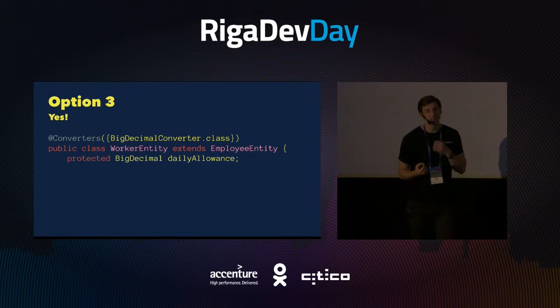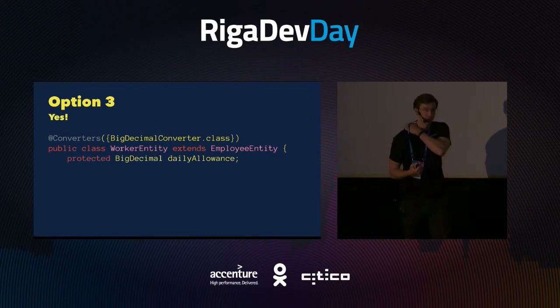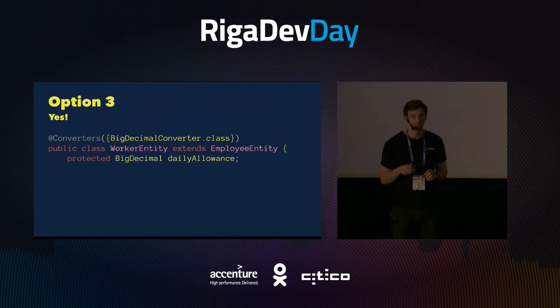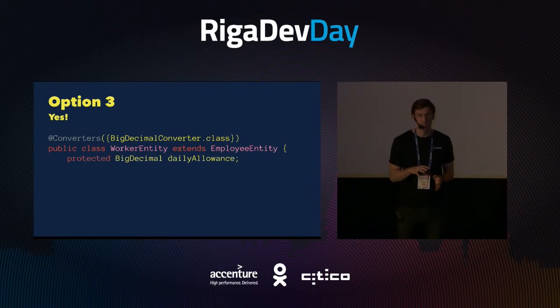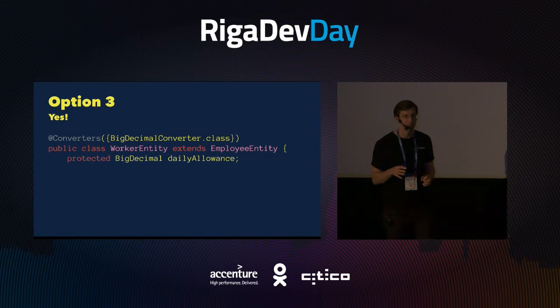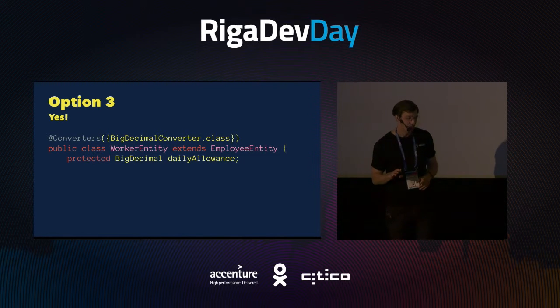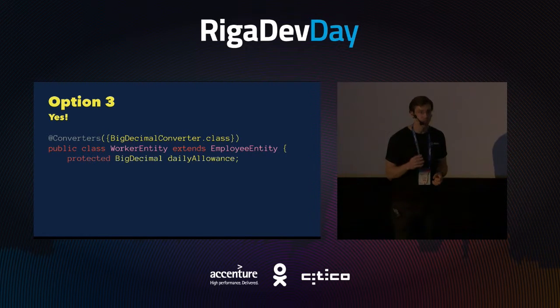The third option is much nicer. You can register custom converters. These are not just for BigDecimal; you could convert your own attributes, whatever you want to do. I've seen some crazy stuff where people try to change the structure of their documents and everything. I'm not sure if it's a good idea, but it's generally possible.